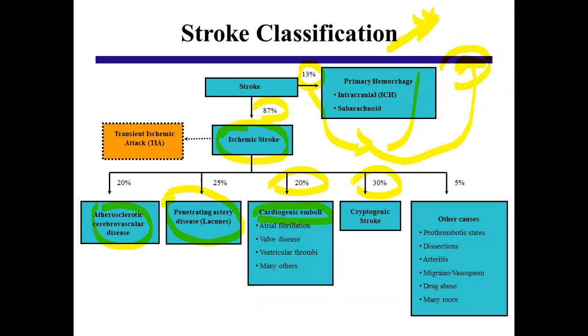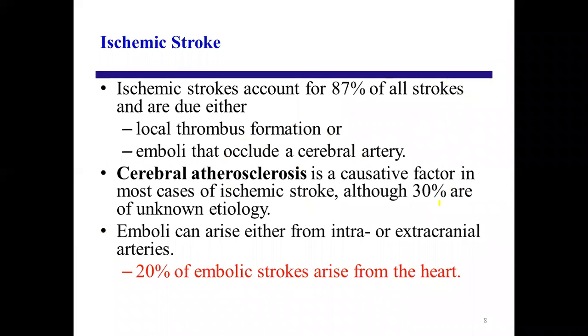We call it cryptogenic, so no one really knows the major causes. Around 5% are due to other causes like migraine, vasospasm, drugs of abuse, prothrombotic state, etc. So this is the classification of stroke.